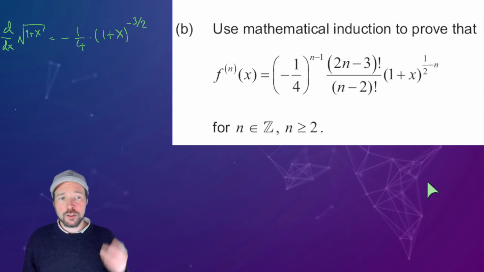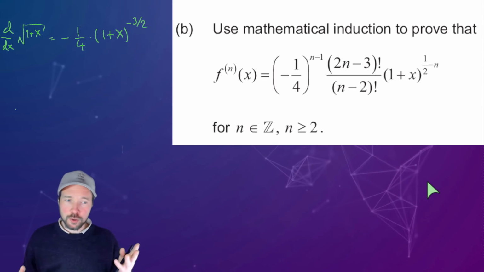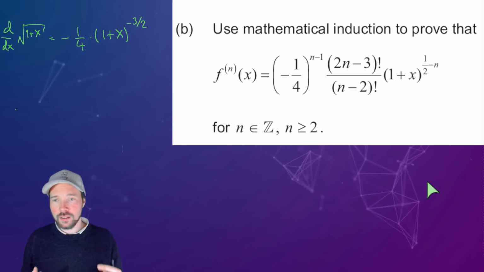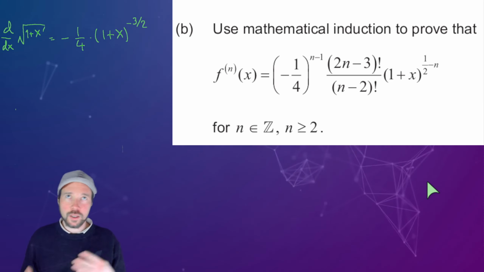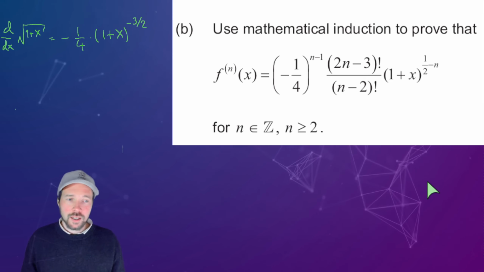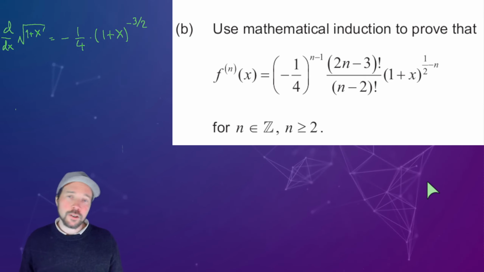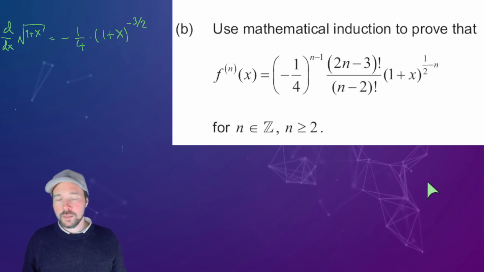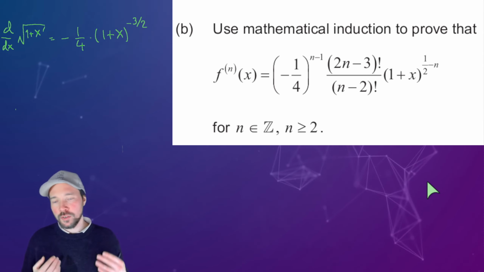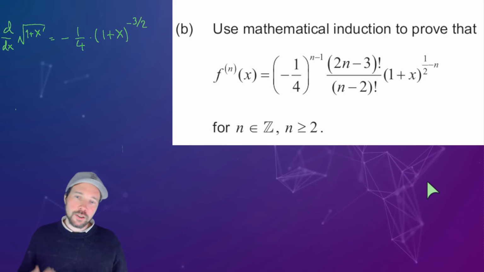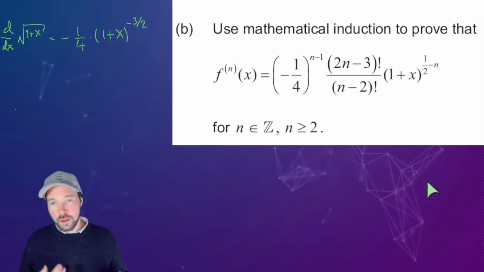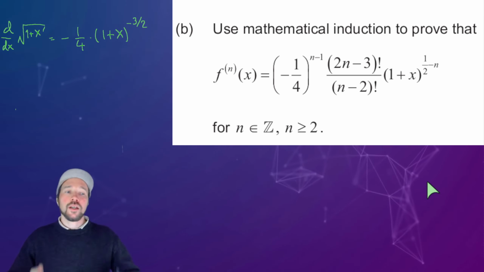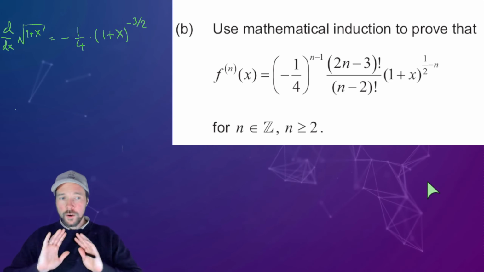Because you already proved that it holds for 2, then by this rule it works also for 3. And because it works for 3 and it always works for the next number, it works for 4, and because it works for 4 it works for 5, and so on and so forth, it works for all numbers.